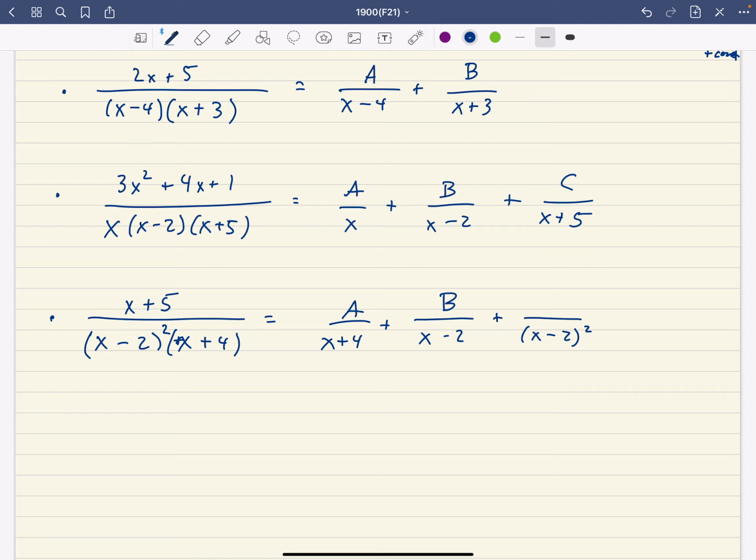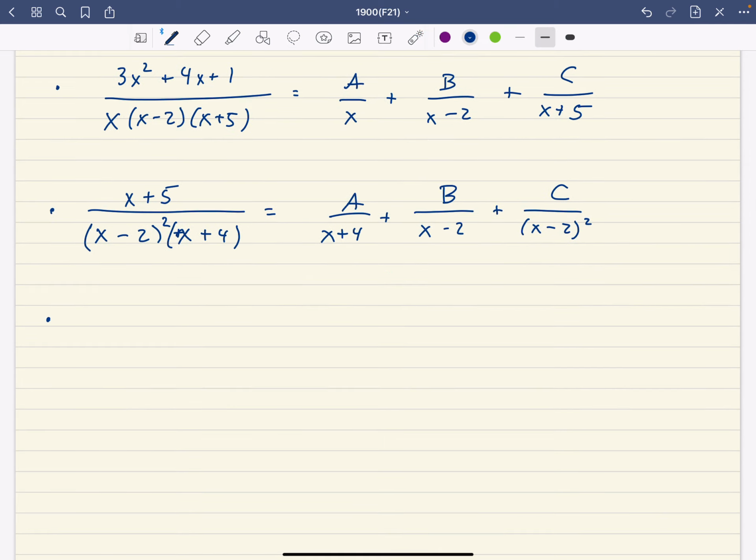So you could have b and c. Because you have a term of multiplicity 2, multiplicity meaning the power that you get when you factor it, we're going to have two corresponding terms in the partial fraction decomposition.